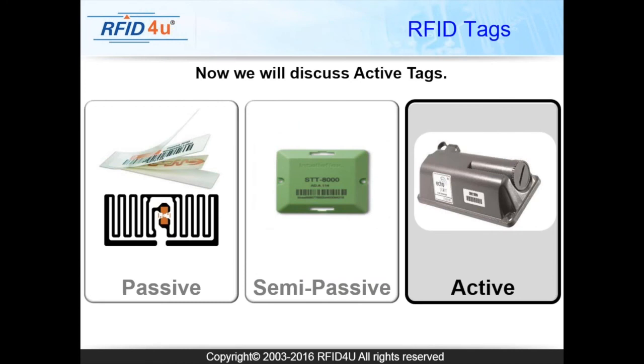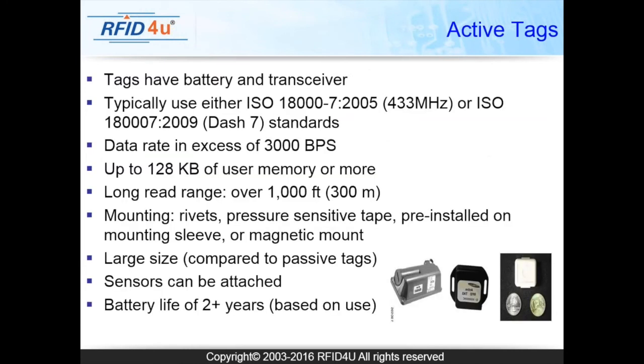Active tags have a battery and a transmitter. They typically use either the ISO 18000-7 standard, in which case the tag is always transmitting at 433 megahertz, or you have the ISO 24730-7 standard, once again still functioning at 433 megahertz, but the -7 standard allows for some different capabilities that we'll talk about in a minute.